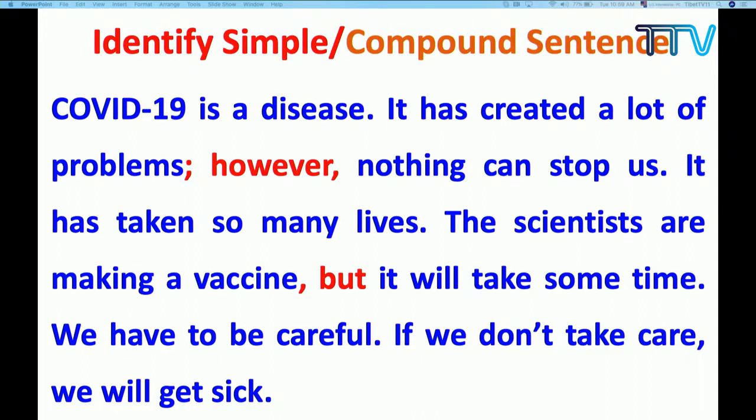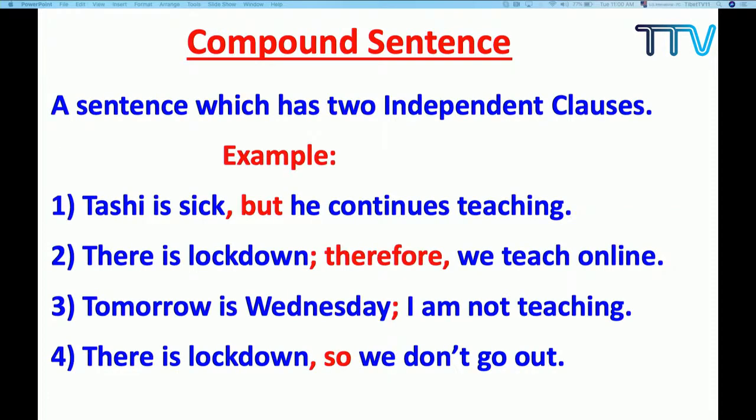COVID-19 is a disease. Now here there are some connectors like however, but. These are the connectors. What is a compound sentence? A sentence which has two independent clauses. Example: Tashi is sick, but he continues teaching.